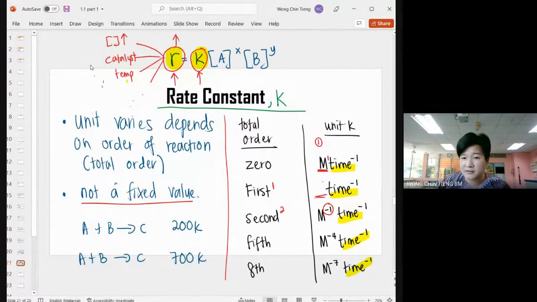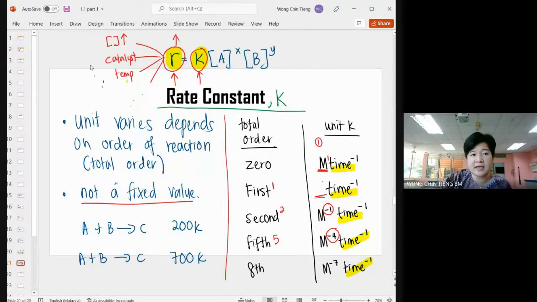See? 1 minus 5, negative 4. See that? So you don't need to derive anything, just use that method.